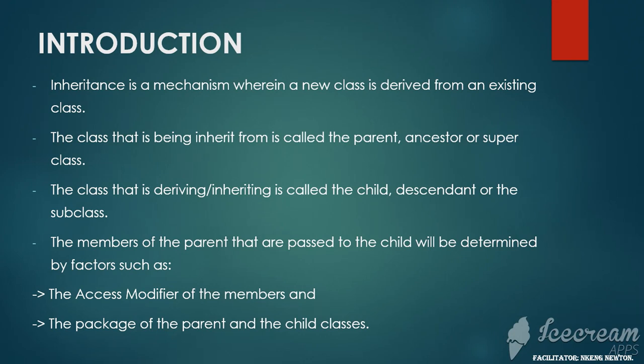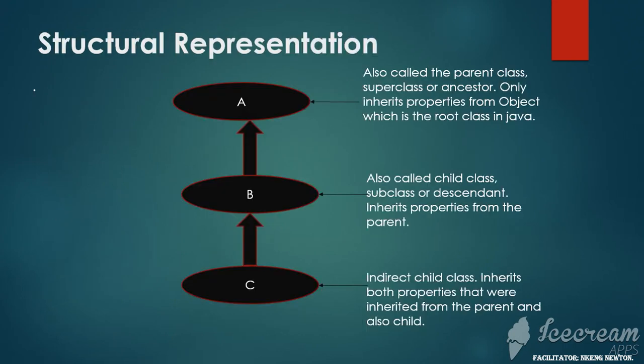It depends whether those two classes are in the same package or not, and the access modifier of those members also matters a lot. Those are the two factors that determine whether a member is going to be inherited by the subclass or not.